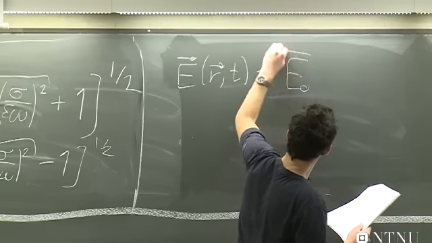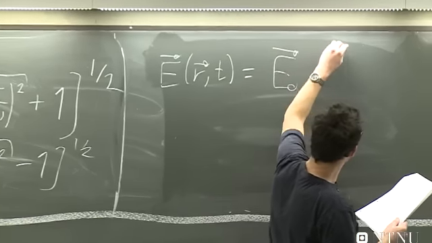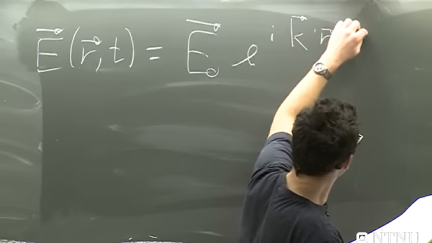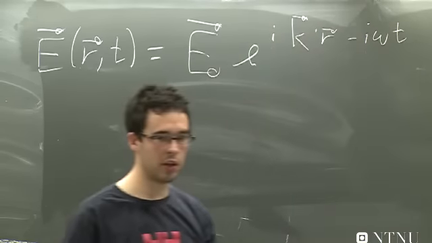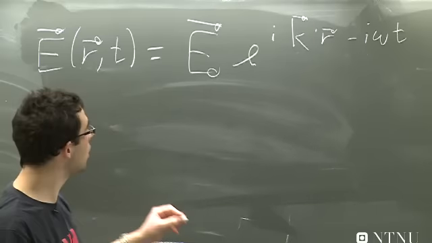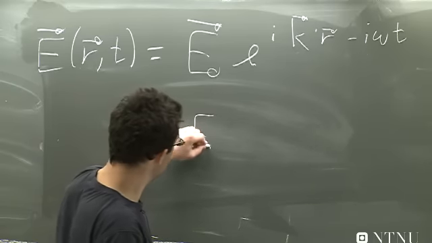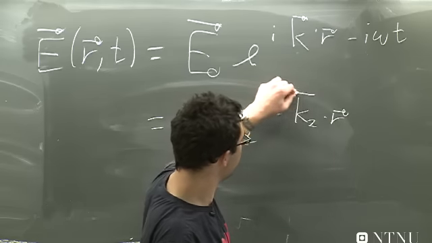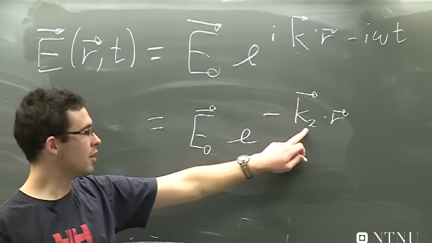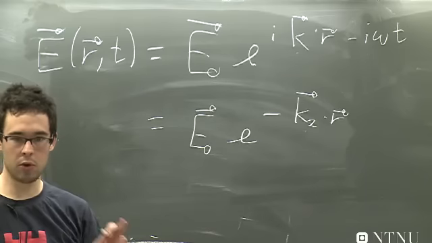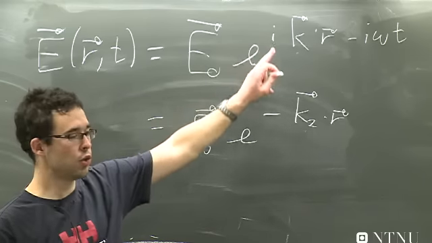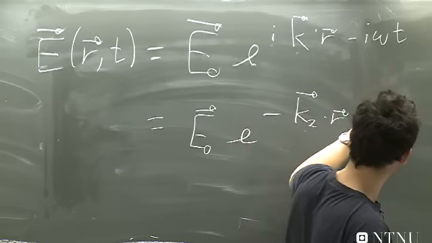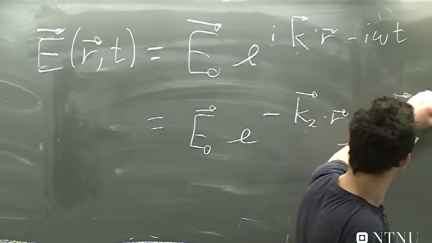E naught constant, then e to the i k r minus i omega t. And now I insert the real part and the imaginary part separately, and we get E naught e to the minus k2 dot r. And this, of course, comes from the fact that we have k equal to k1 plus i k2, and the i's join forces to create a minus sign. And then we have e to the i k1 r minus i omega t.